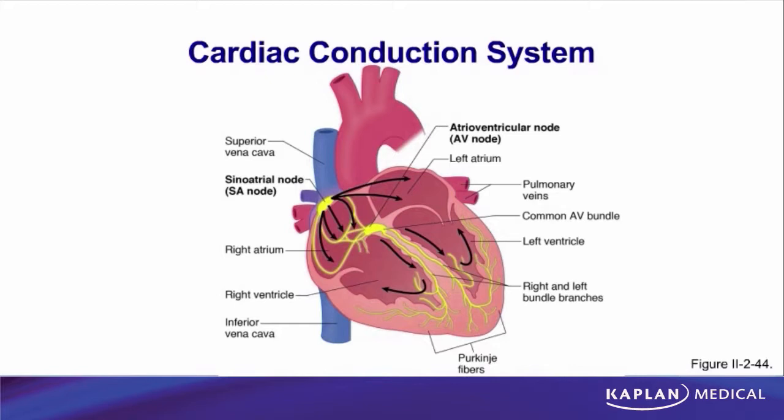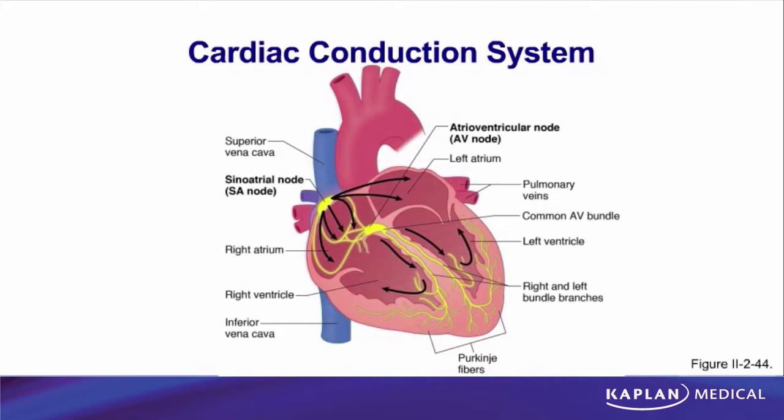So if a given cardiac muscle cell, if left on its own, likes to depolarize at 41 times a minute, but there's some other cell that likes to depolarize at 70 times a minute, and that's the fastest cell in the heart, then that cell will depolarize at 70 times a minute because it's driven to do that by that faster depolarizing cell.